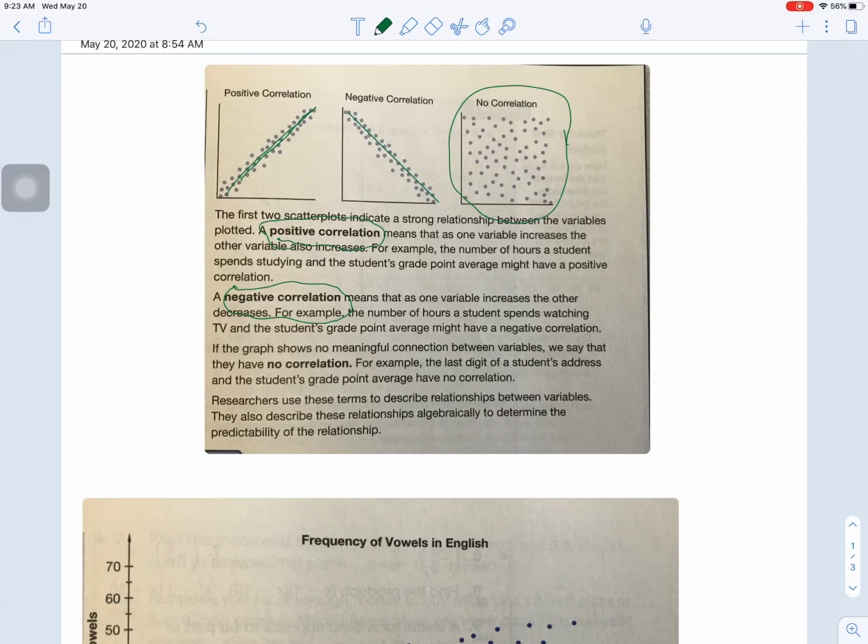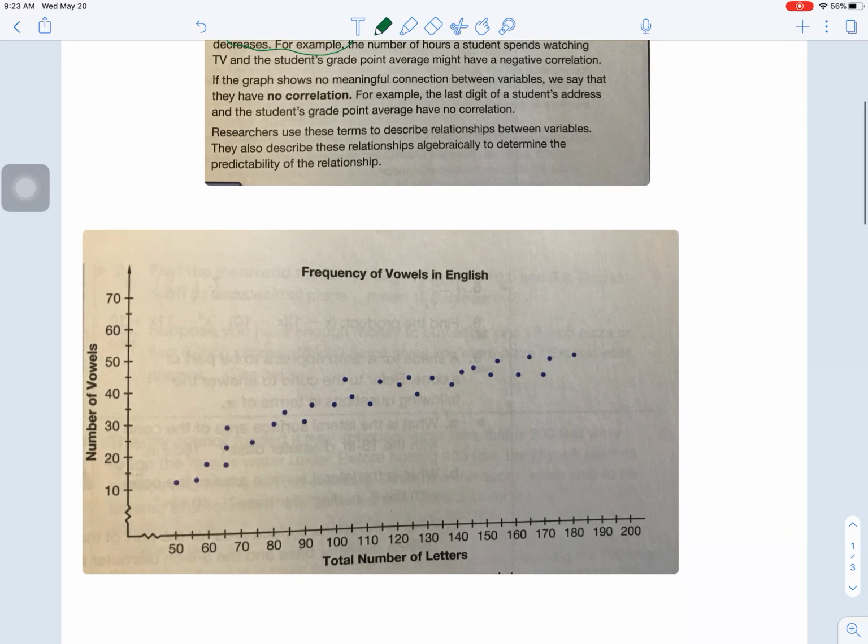Now, part of the activity that we would have done in class is look at the frequency of vowels in English. There was a whole activity there. What I'm going to do is just go through some of the questions that are tied to this. You can see that they've grabbed their two variables and put them into a scatter plot.